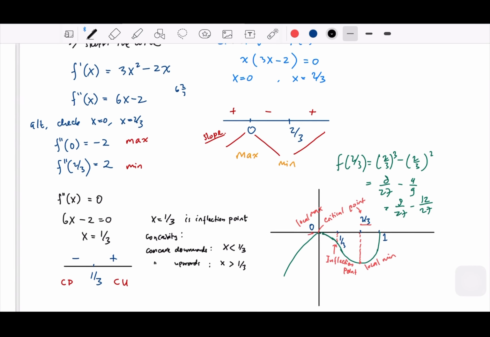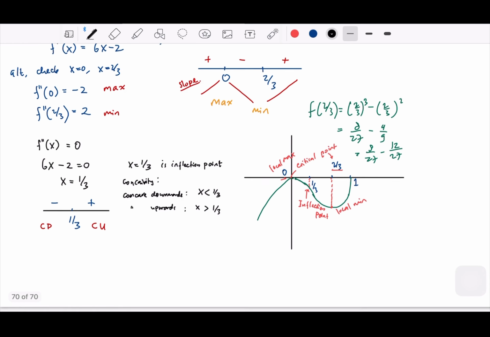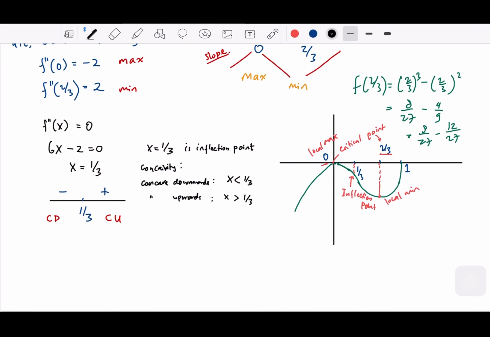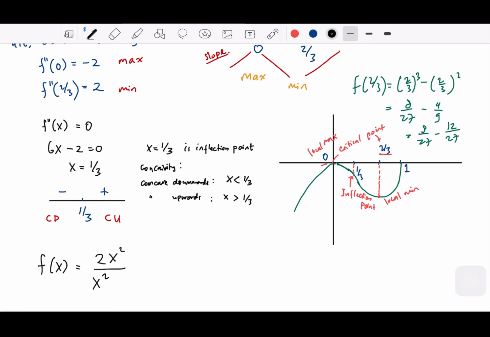Okay, and for the next curve, let me just give you functions that you need to think about more. Let's just give you 2x squared and x squared minus 1. And then the other one is x to the 2 over 3.